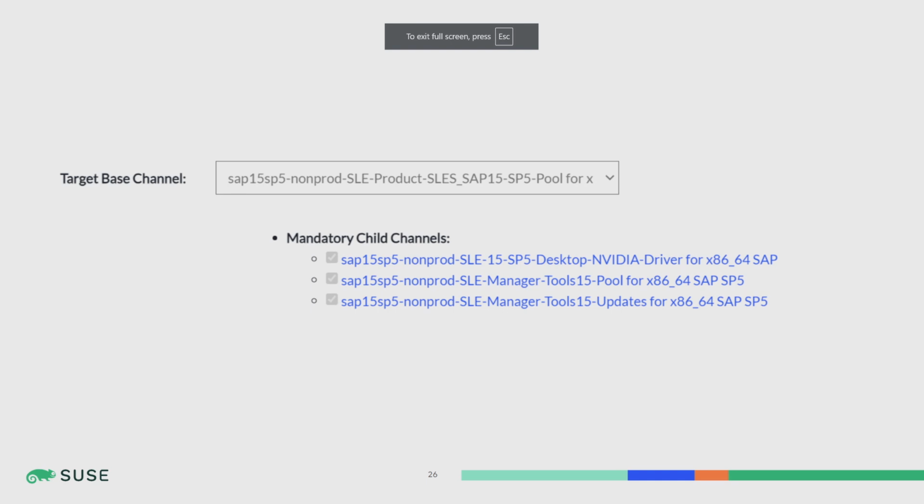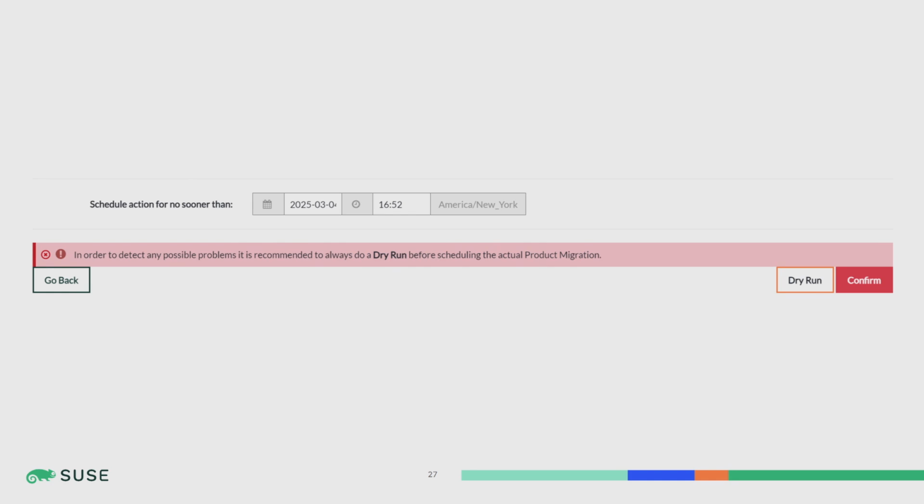Otherwise you might bypass your locked repos and accidentally apply patches that haven't been tested in production yet when you trigger an upgrade. Now the migration doesn't have a rollback option, so snapshots and backups are important. There is a dry run feature that is useful for identifying dependency issues and things of that nature before triggering the actual upgrade.